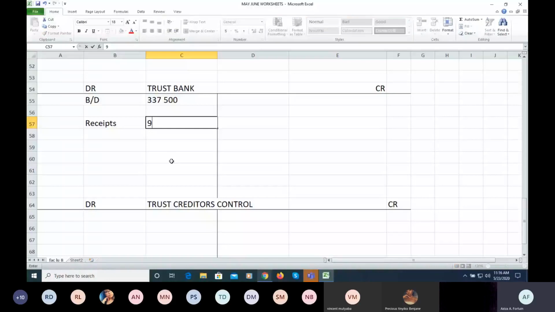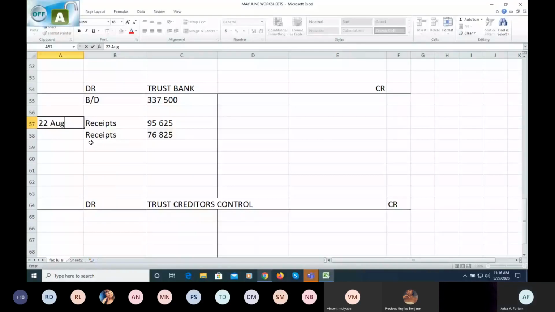They also say Morgan redeemed half of the investment made and received 76,825 on day 31. That was on the 22nd of August, and this was the 30th of August.